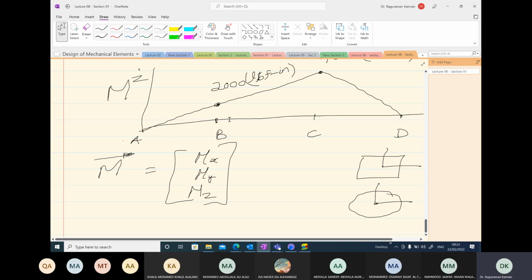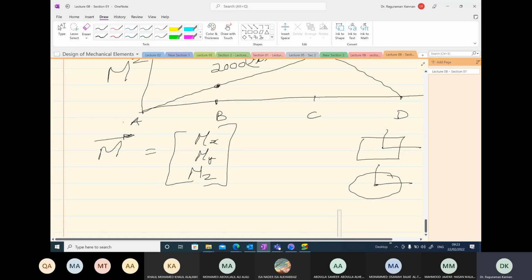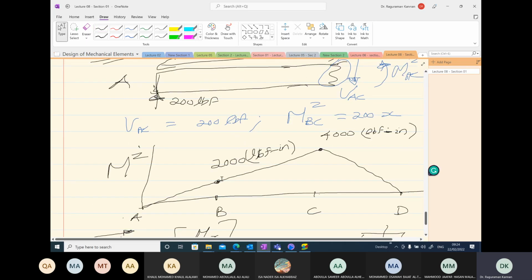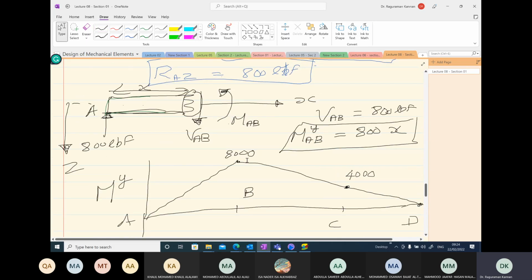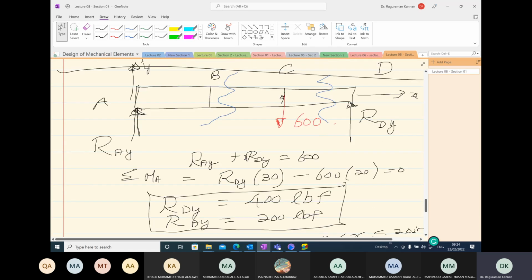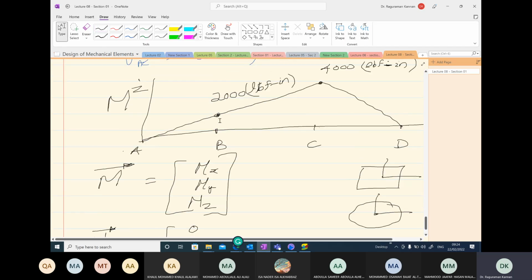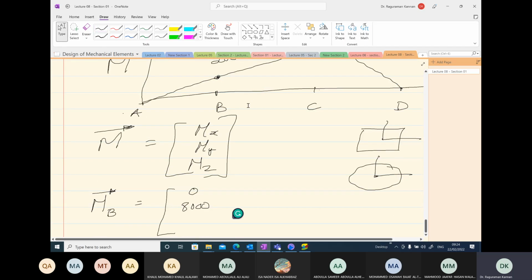My and Mz values are given at points B and C. So I can write the bending moment vector at point B. Mx is 0. Go up and check at point B. What is the My value? 8,000. So we write 8,000 here. And at point B, the Mz value is 2,000. So let me write it as 2,000.